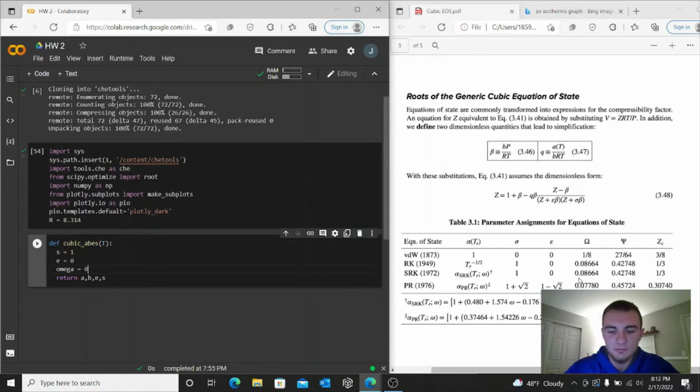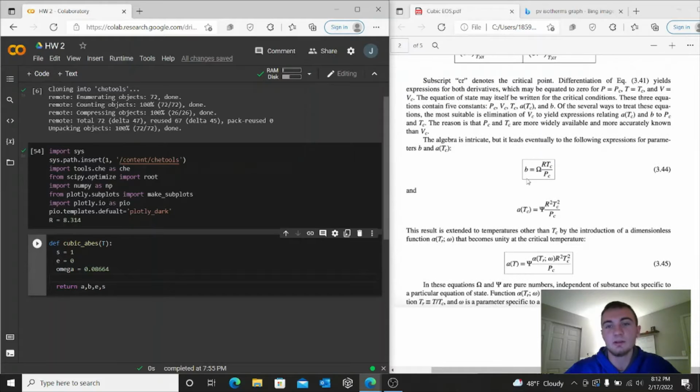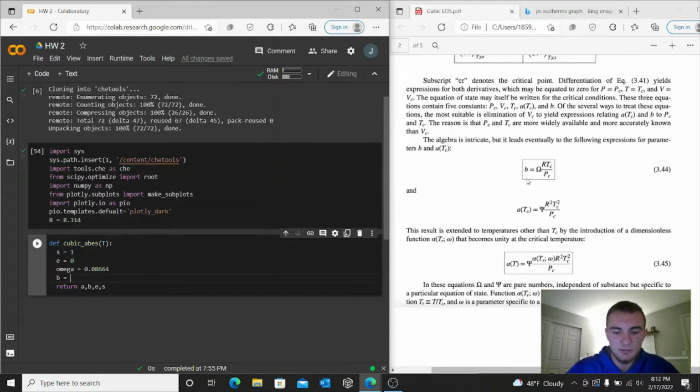So omega equals 0.08664. Now that we have omega, we can calculate our B parameter. So we'll say that B equals omega.